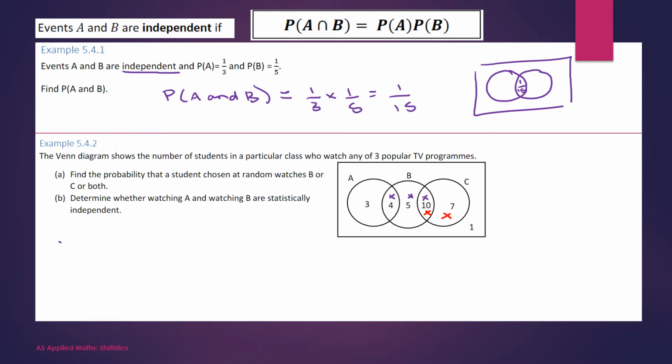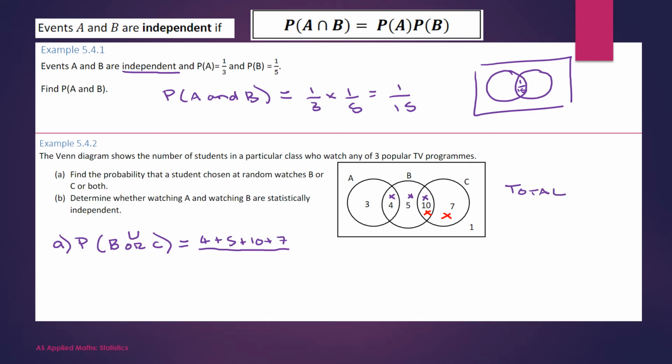So for part A, the probability that we're watching B or C, and actually B or C or both is exactly what we are defining as B or C. Remember, notation wise it would be the union. So what we are looking for here is 4, 5, 10 and 7. We need to know the total number to be able to do a probability.